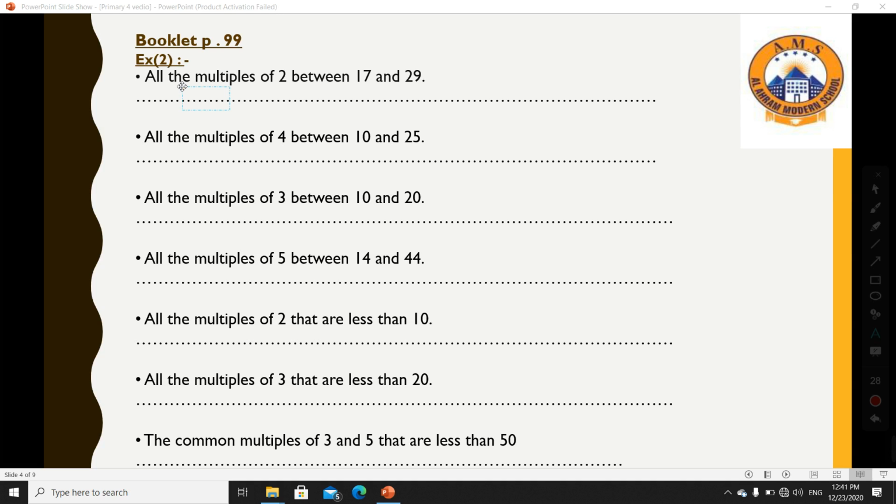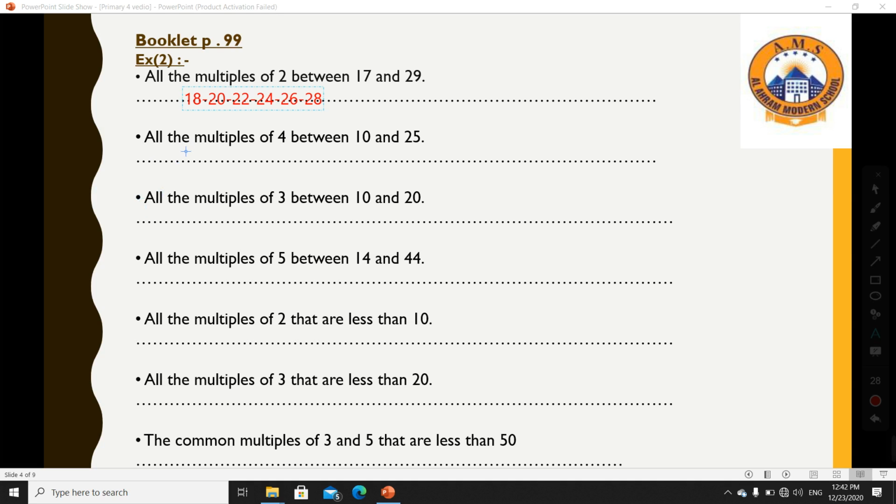I will start with 18, then 20, then 22, then 24. Shall I complete? Yes. 26 and 28. Can I write 30? Why? 30 is divisible by 2. Yes, but I want any number to be smaller than 29. This is my range, okay?